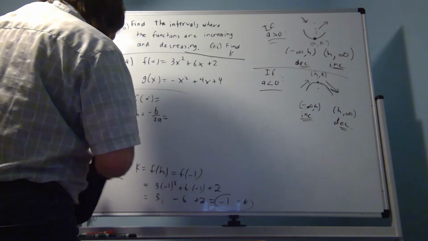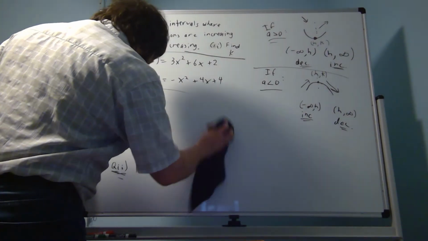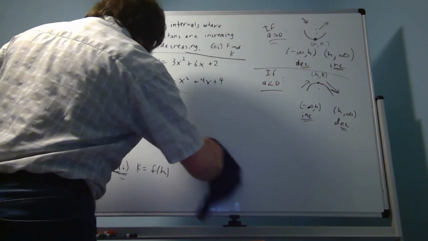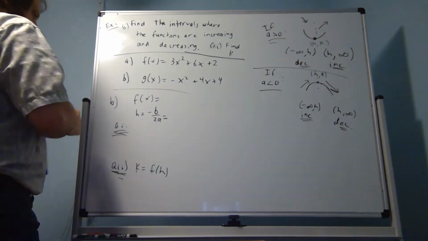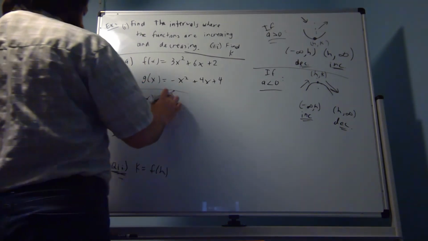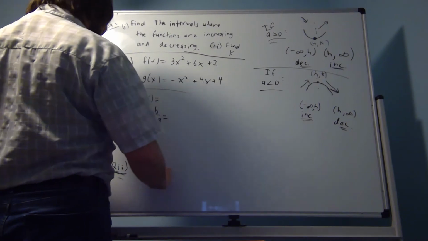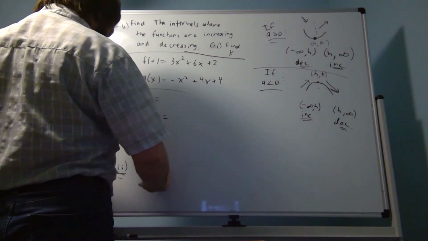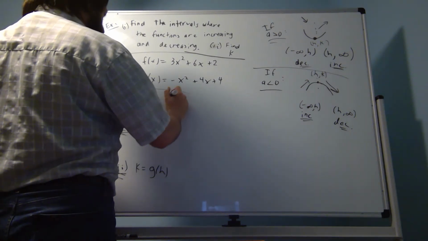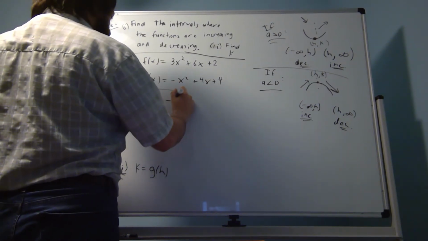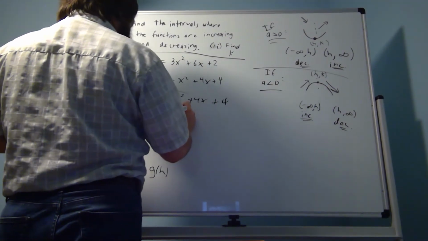The process is going to be kind of the same for this one, though. All right, not sure it was worth saving that little bit, but okay, it's kind of nice though. So for problem B, the function is called g of x. That function is minus x squared plus 4x plus 4.